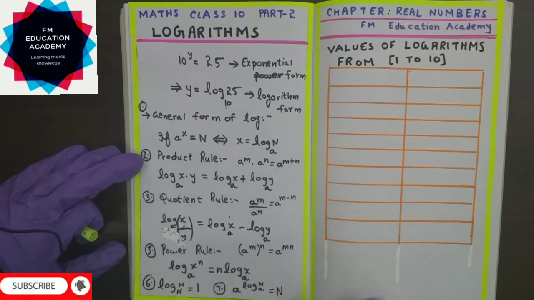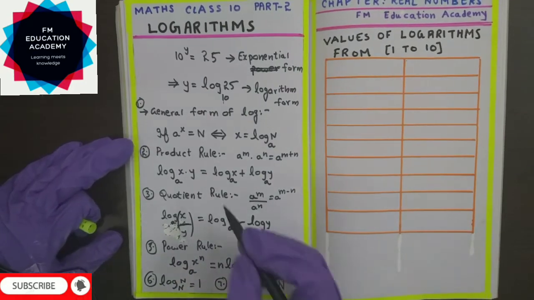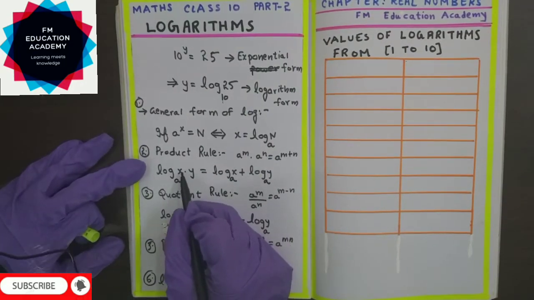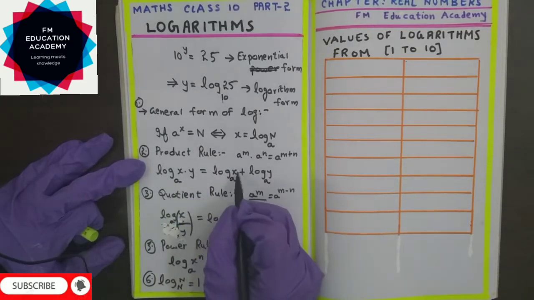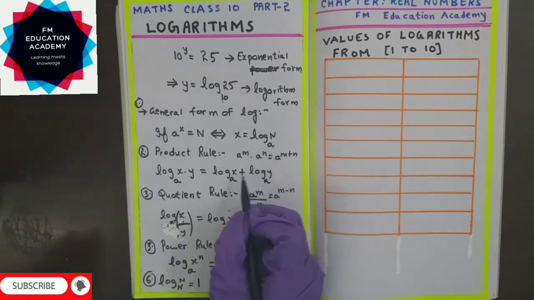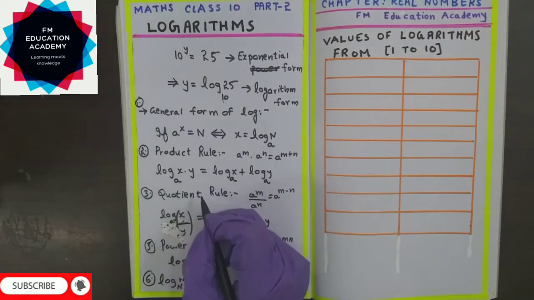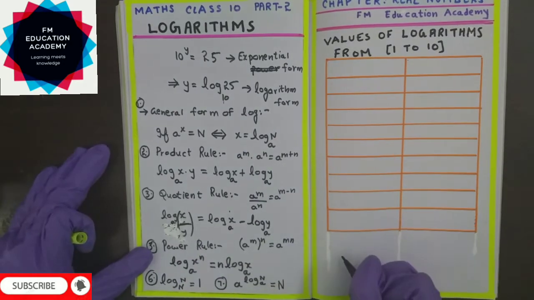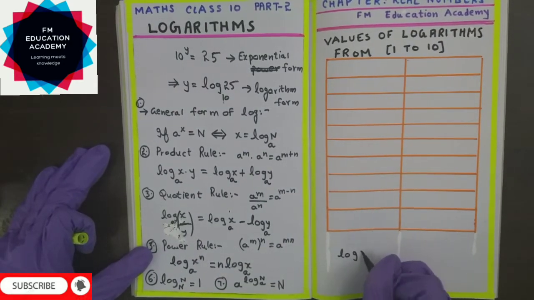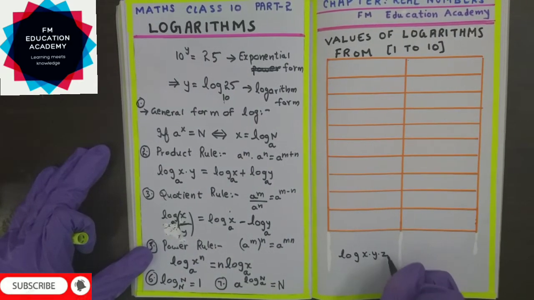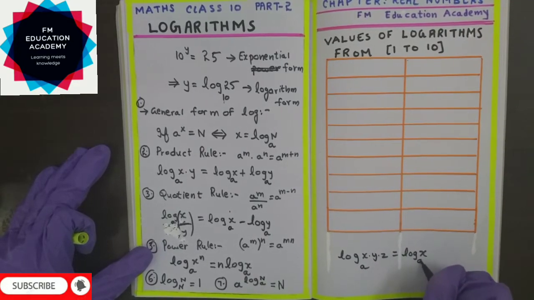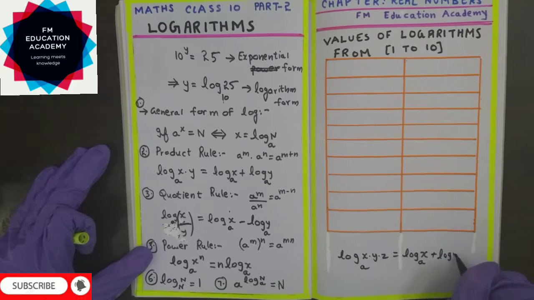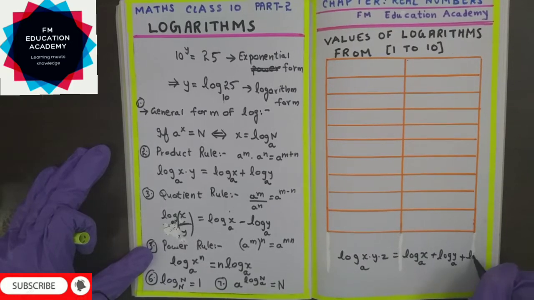So these are the various formulas of logs, and this product rule we applied for two numbers. Log x into y to the base a is equal to log x to the base a plus log y to the base a. This can also be applied to three numbers. For example, log x into y into z to the base a is equal to log x to the base a plus log y to the base a plus log z to the base a.